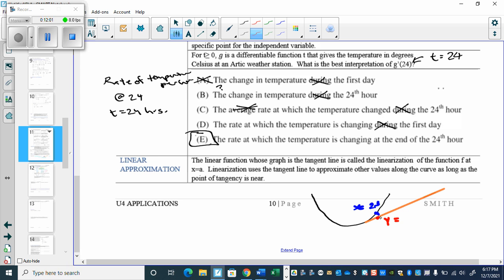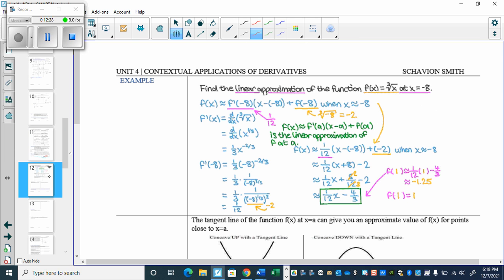So if this was 2 and it was 3 right here, then this y value would be an underestimate of the actual y value. What you'll be calculating is this approximate y value using the equation of the tangent line at a point close to it.